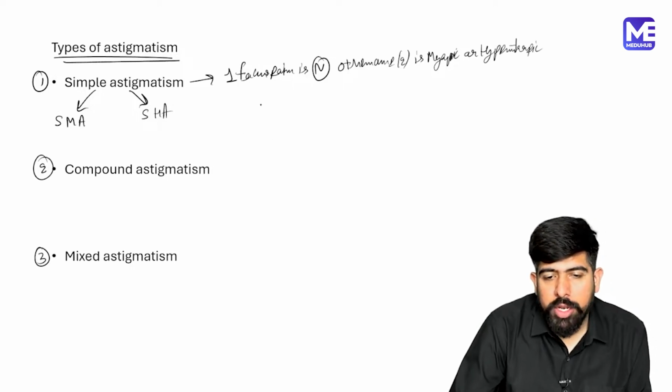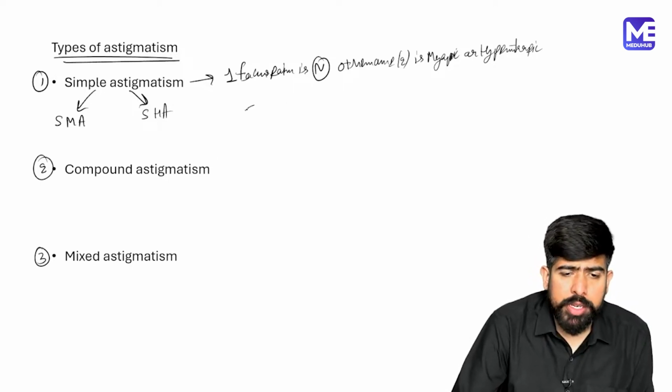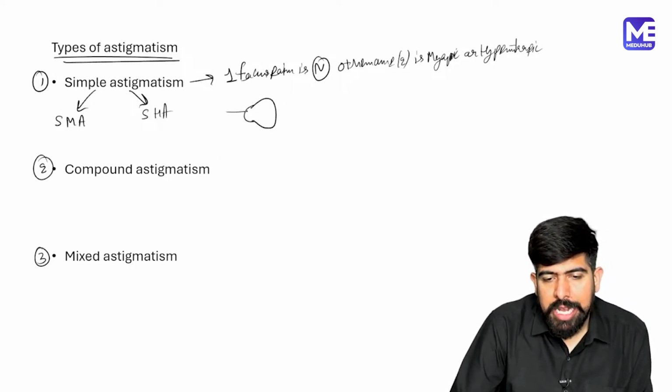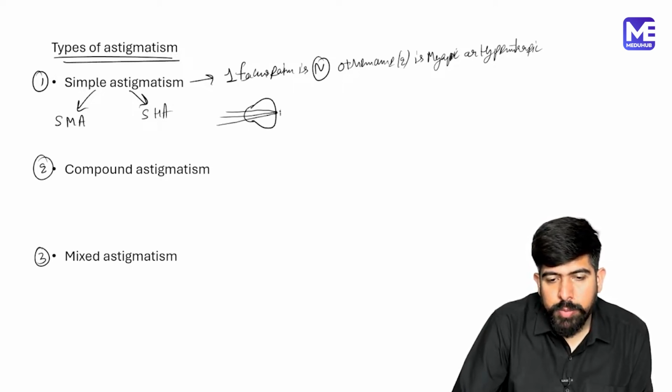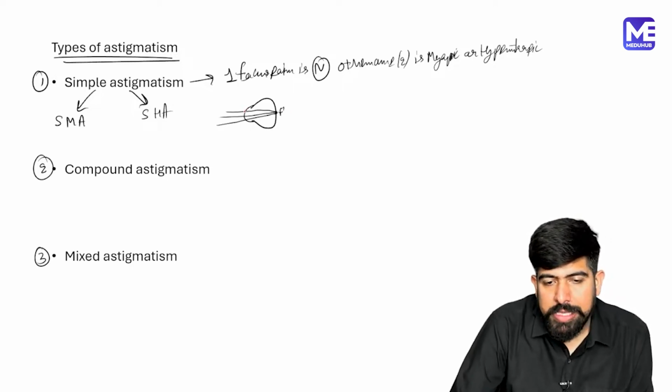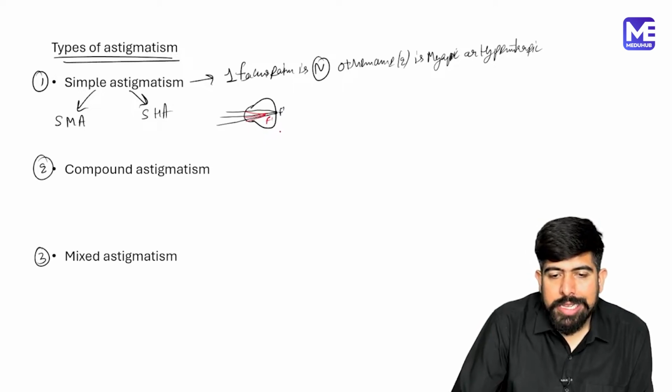Now I'm drawing over here. You can see, guys, that this is the eye. The patient has one focus on the retina. Yes, this black color one, focus point F1, is on the retina. But if I'm talking about F2, maybe it will be before the retina. Can you see here? So what is this? This is simple myopic astigmatism.